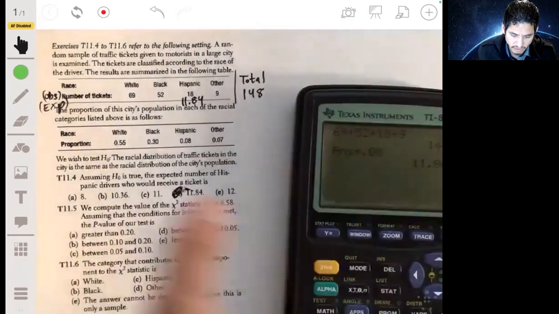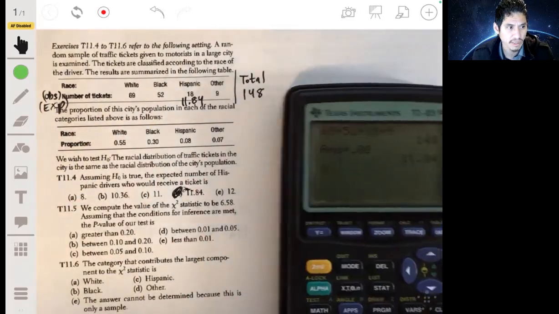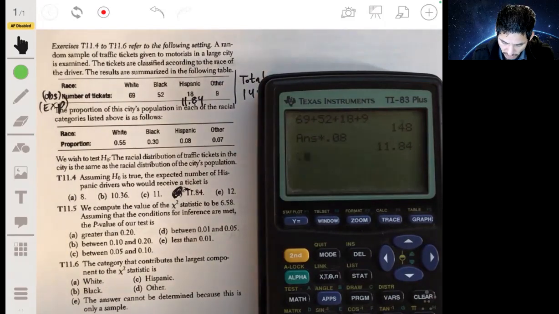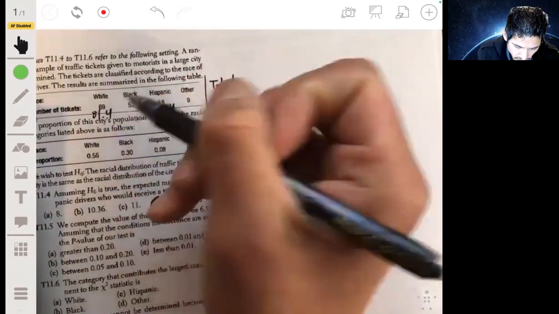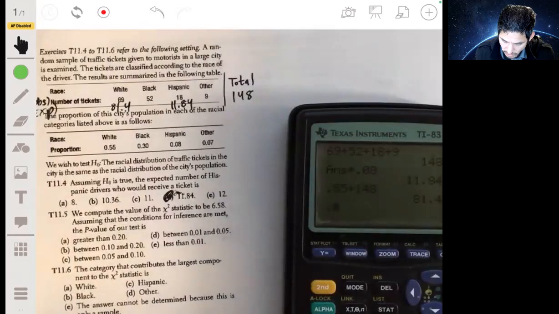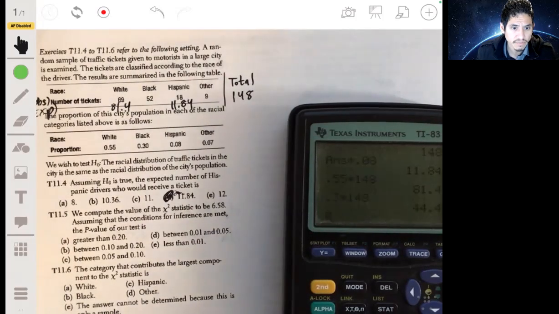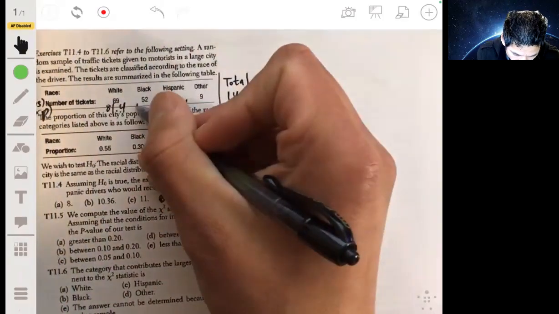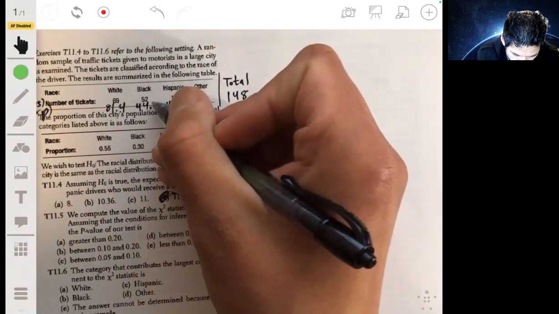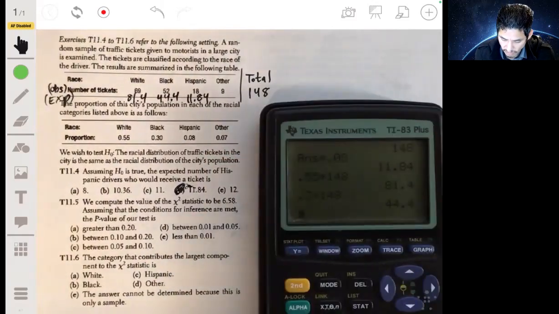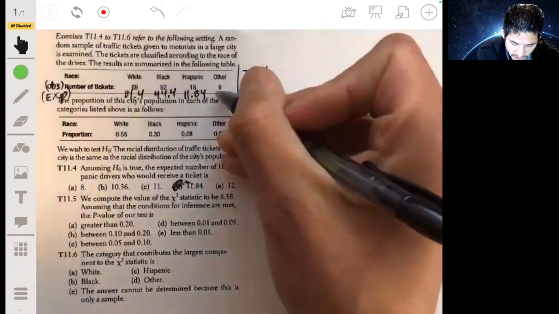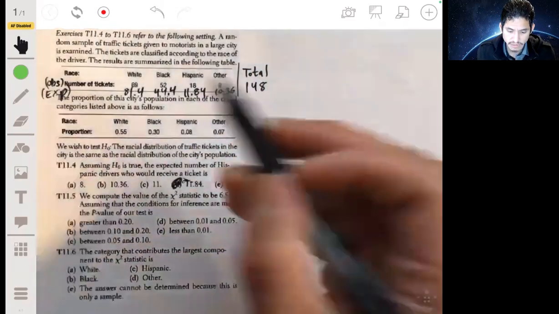Let's calculate the other ones, because we're going to need them in the next two problems. For white people, 0.55 times 148 is 81.4. Black people, 0.3 times 148 is 44.4, and other, 0.07 times 148 is 10.36. These are my expected values.